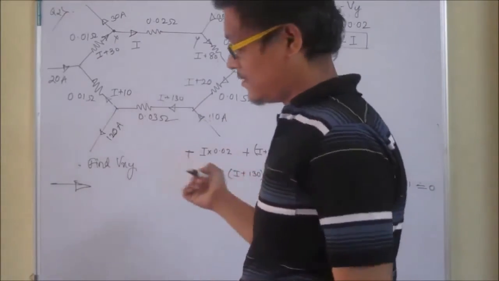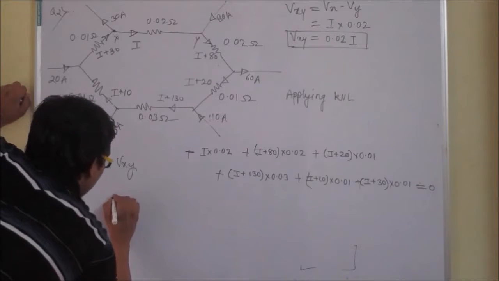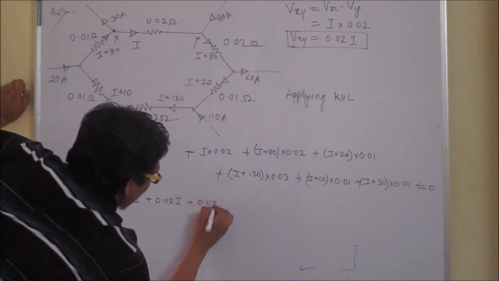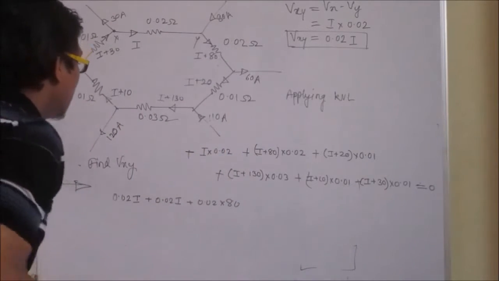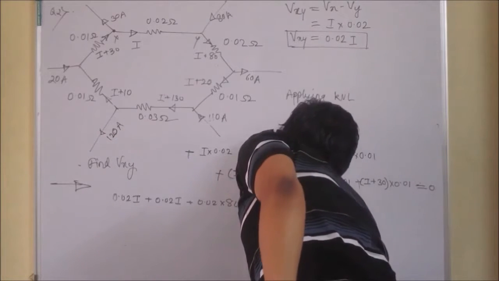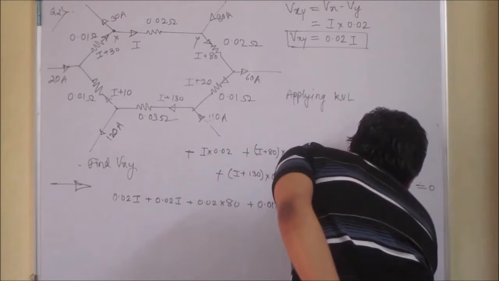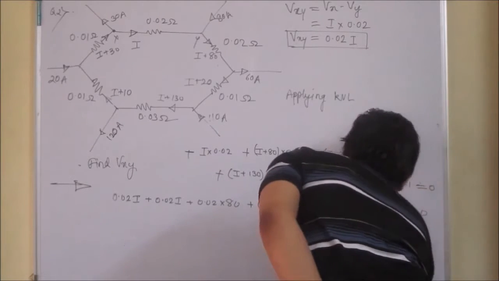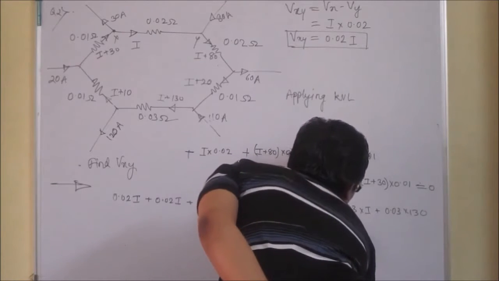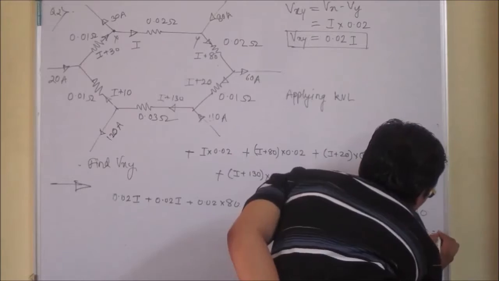Now I'll just rearrange the terms with I, and simply write it in this way: 0.02 I plus 0.02 I plus 0.02 into 80, plus 0.01 into I plus 0.01 into 20, plus 0.03 into I plus 0.03 into 130, plus 0.01 into I plus 0.01 into 10, plus 0.01 into I plus 0.01 into 30 is equal to 0.